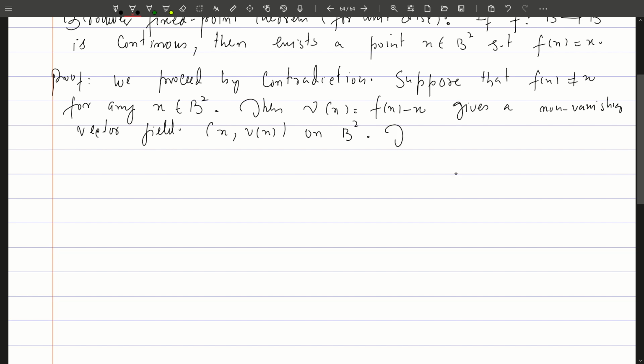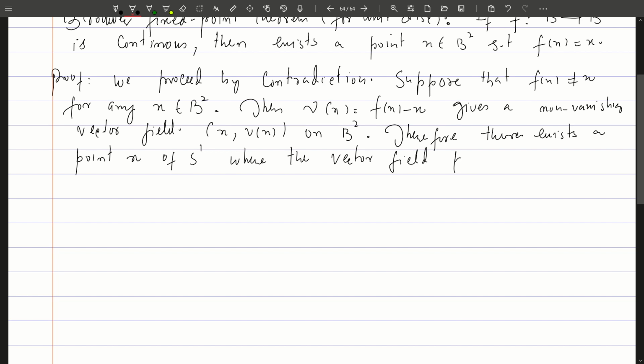So therefore there exists a point x of S1 where the vector field points directly outward.